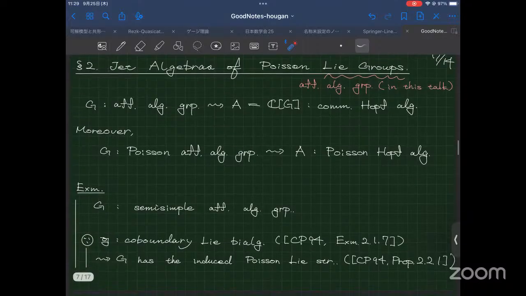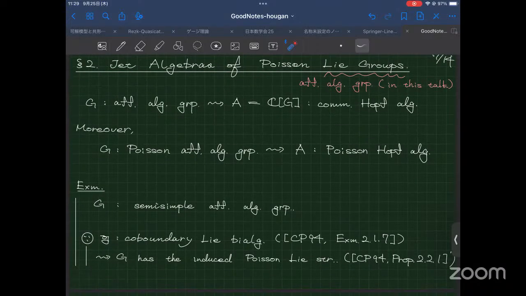Next, we consider the jet of the coordinate ring of Poisson Lie groups. Before proceeding, in this talk, a Lie group means an affine algebraic group. An affine algebraic group can be regarded as a commutative Hopf algebra through its coordinate ring.